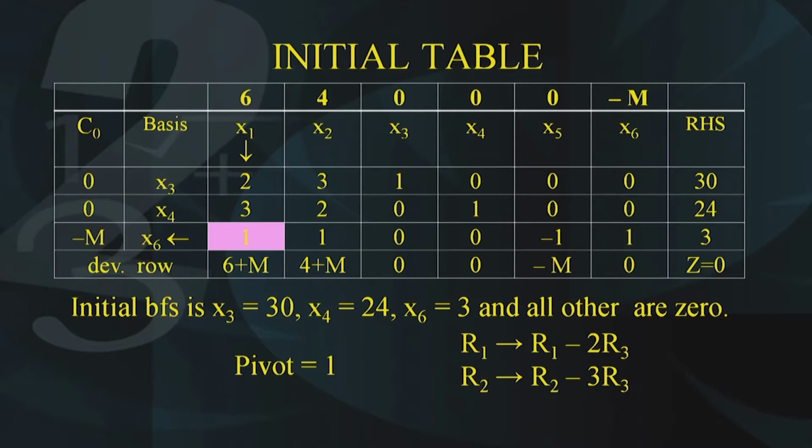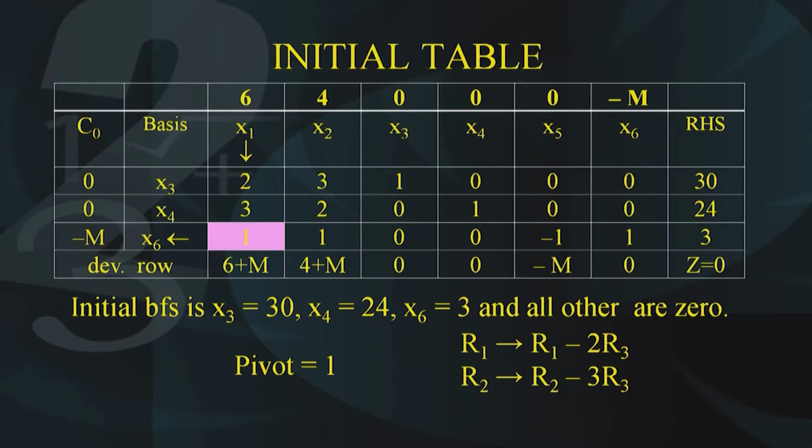Now let us look at x5: 0 minus (0, 0, minus M) multiplied by (0, 0, minus 1), and you get minus M. That is the way the entries in the deviation row are calculated.